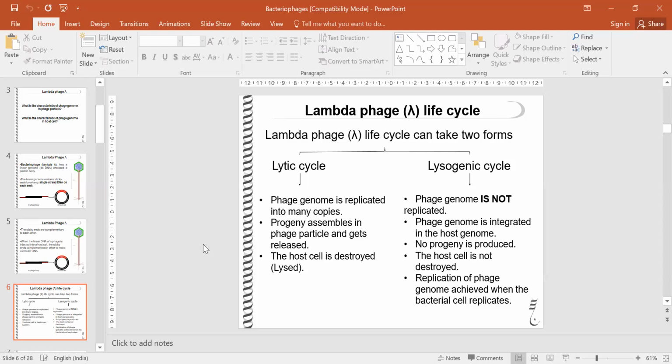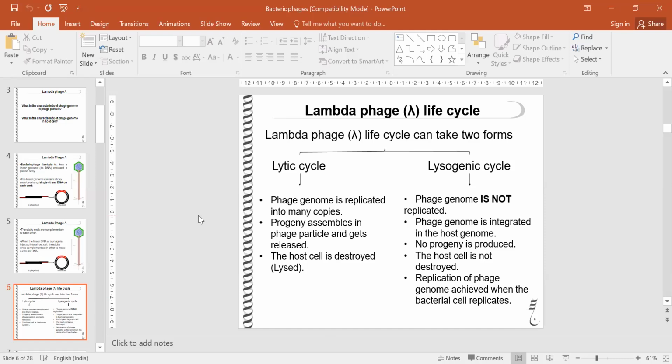And from this transcription and translation, all these protein molecules and nucleic acid molecules are going to assemble, and they can produce the new progeny, and this is released from the host by lysis, or destroying it, and they can infect new bacteria. So this is like co-infection, which happens during the lytic cycle.